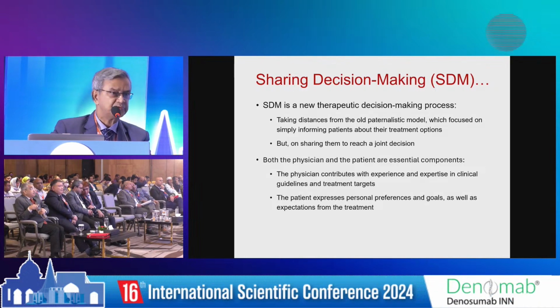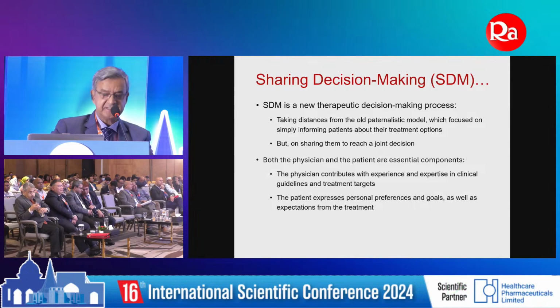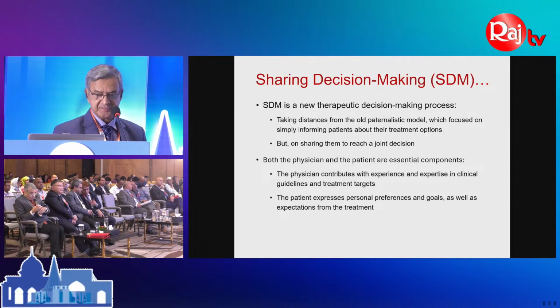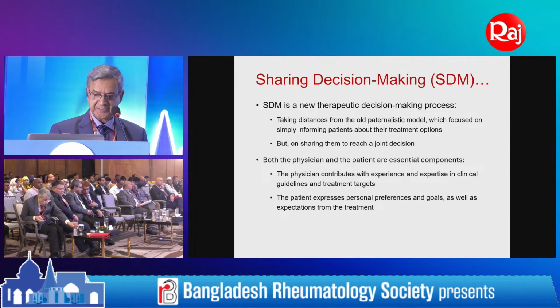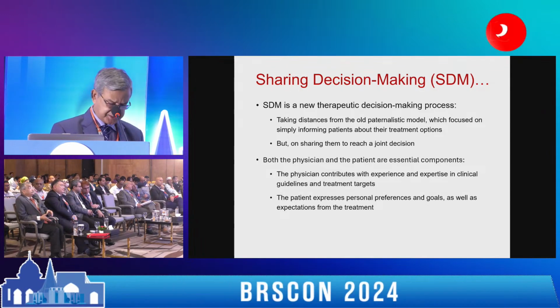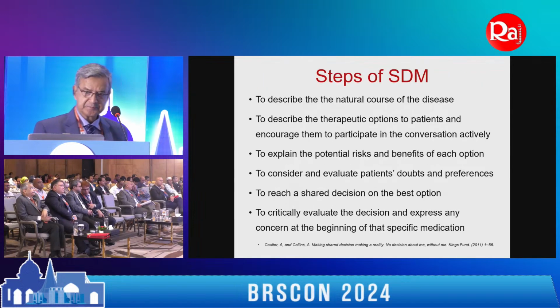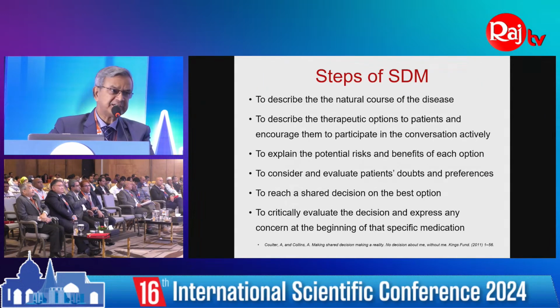The physician contributes with experience and expertise in clinical guidelines and treatment targets. The patient expresses his or her personal preferences and goals, as well as expectation from the treatment. What are the steps of shared decision making?